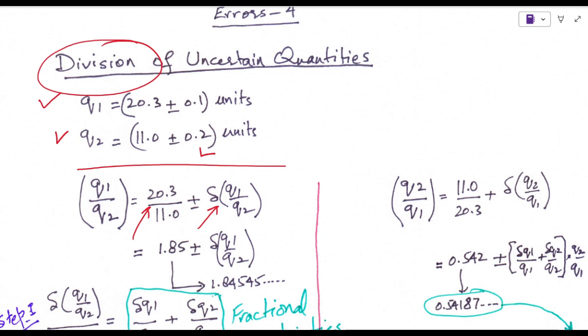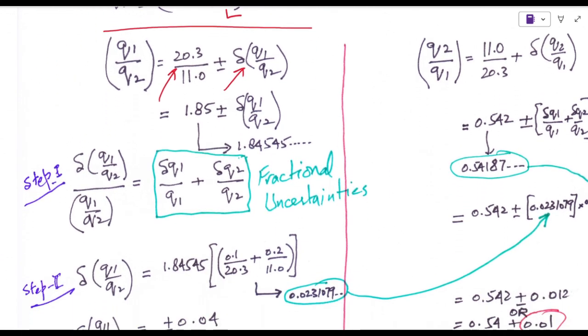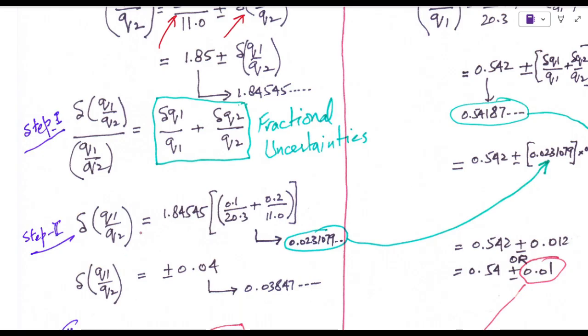And then in step 1, fractional uncertainties have been taken in the same manner as were taken in the last page while doing multiplication of Q1 and Q2. So I have taken value from there, and actual Q1 over Q2 works out to be 1.84545, and when I multiply this all, I get an uncertainty in the value of Q1 divided by Q2 equal to 0.04 as shown in step 2.